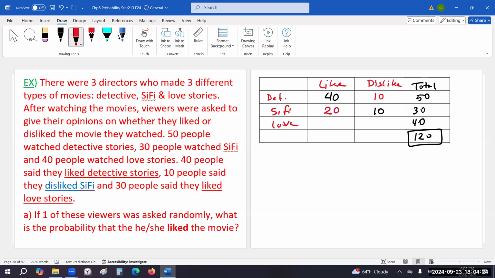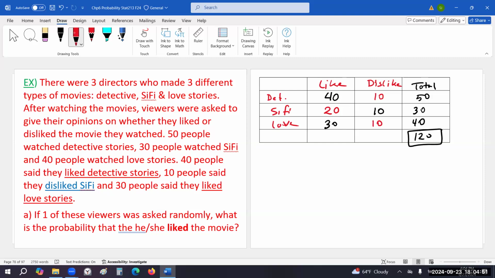I hate sci-fi, you know? It's too unknown. But I love detective. This is my favorite. 30 people say they like love stories. So like and love, oh, they're together, cool. Like and love, we have 30 here. So how many people dislike love? 10.